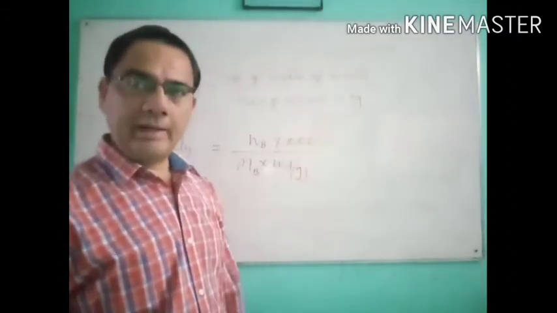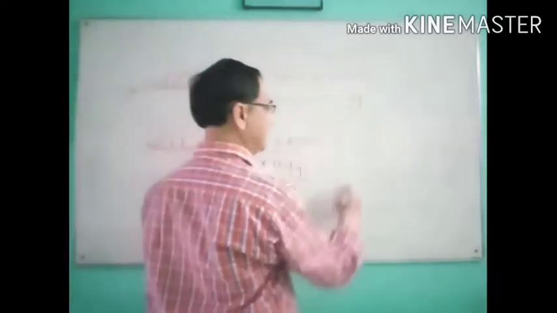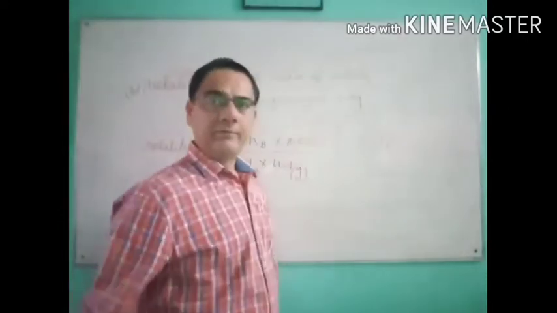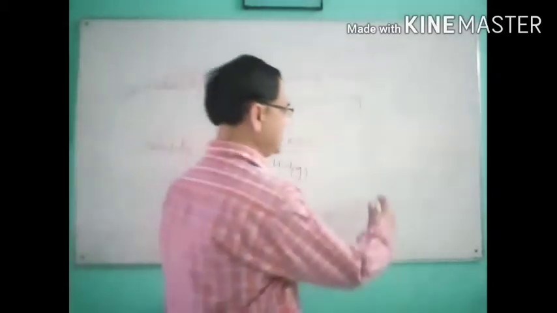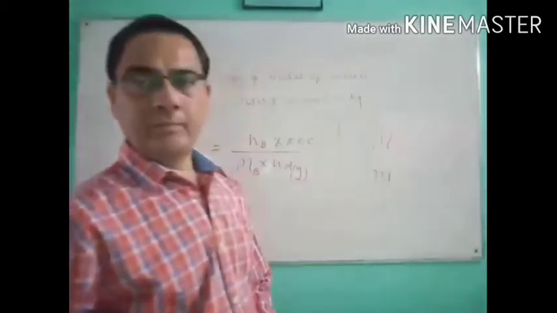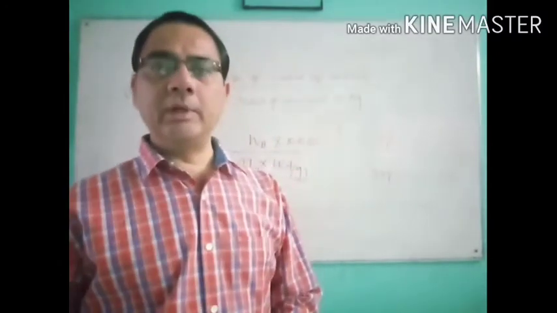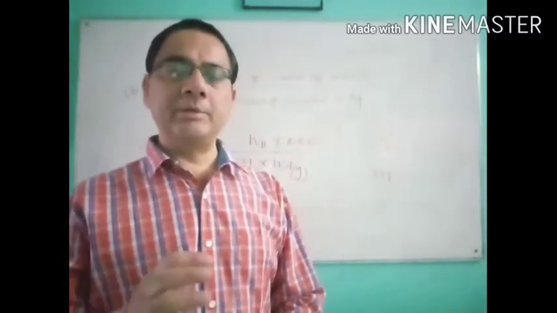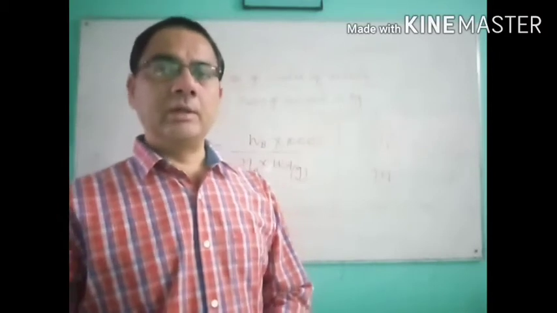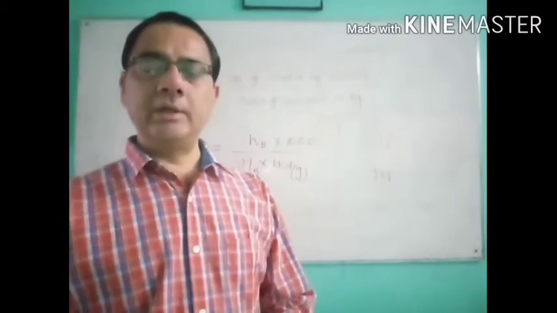When we calculate molarity, it is represented by capital M, and when we calculate molality, it is denoted by small m. So when the values are given in molarity form, that will be represented by capital M, and when the values are given in the molality, it will be given in small m.